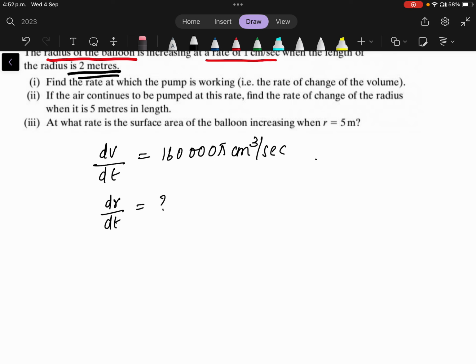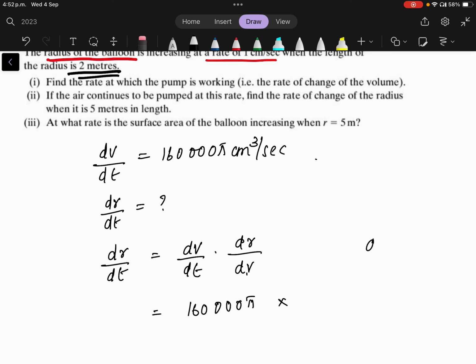Then dr by dt is equal to dV by dt into dr by dV. You can put this as a formula. So dV by dt is 160,000 pi times dr by dV.